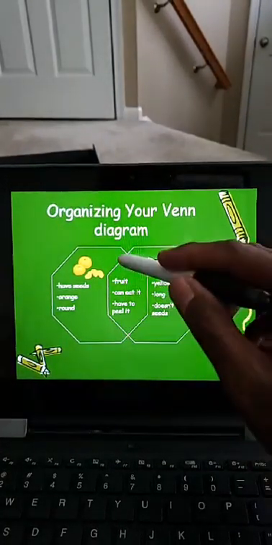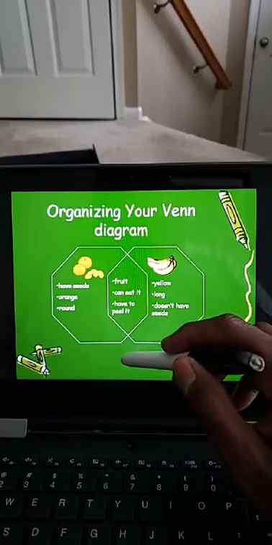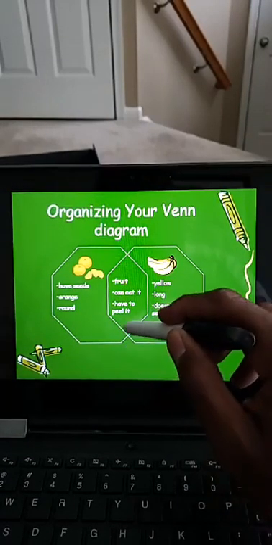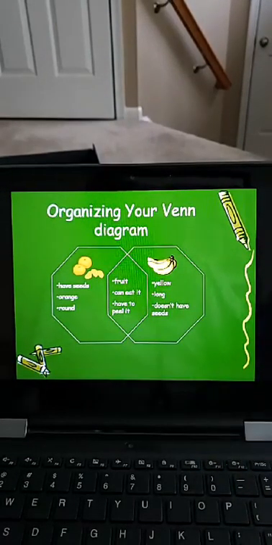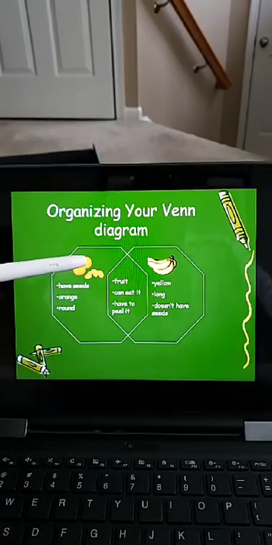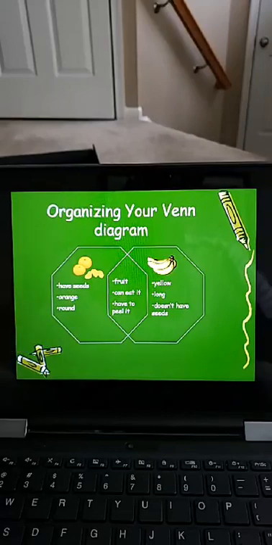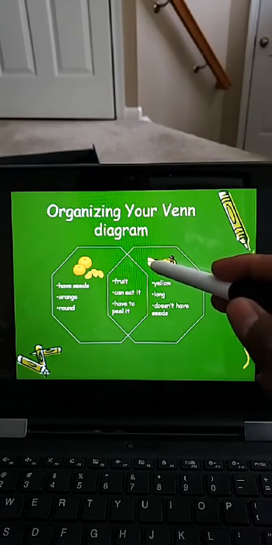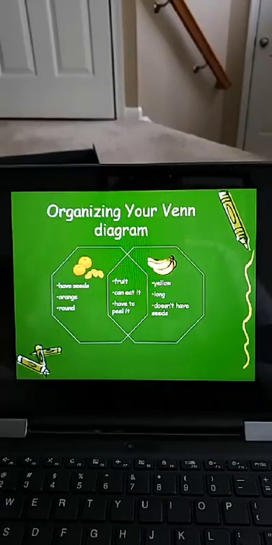The middle part is where the items that are alike go. The outside of the double bubble is where you contrast, or tell what is different about the two objects.